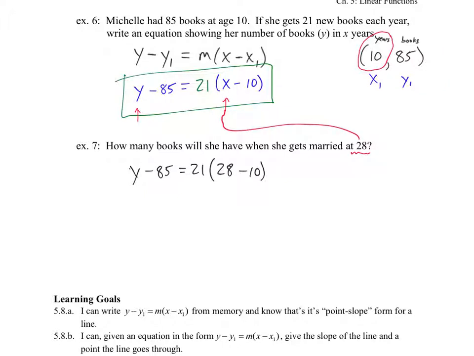And you could take that right-hand side. I'm going to leave the minus 85 over here for a second. I'm going to simplify all that on the right-hand side. Some people will put that into a calculator and just punch it in all at once. That would totally work. I'm just going to do it in a couple steps real quick and say, all right, I have 21 times 28 minus 10, I have to do first. So that gives me an 18.